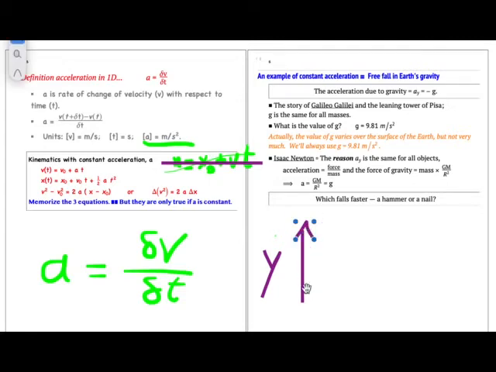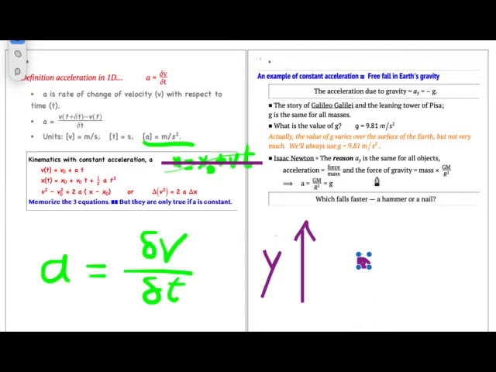Here's the line. And some object is moving either upward or downward in the vertical direction. We'll come to two-dimensional motion next week. It could be moving upward. That would be a positive velocity. It could be moving downward. That would be a negative velocity.